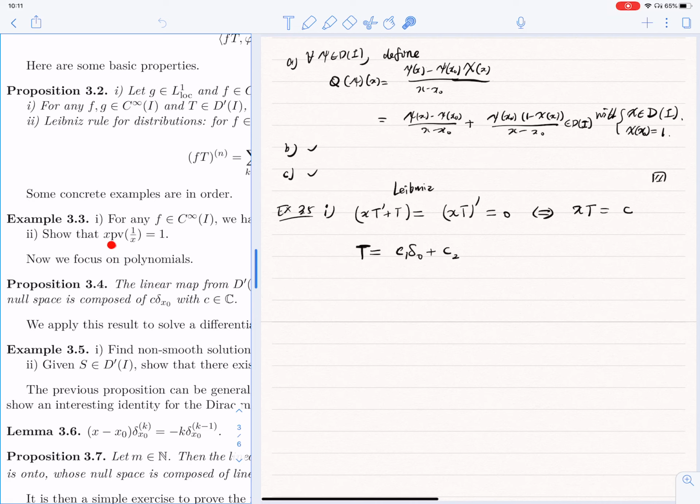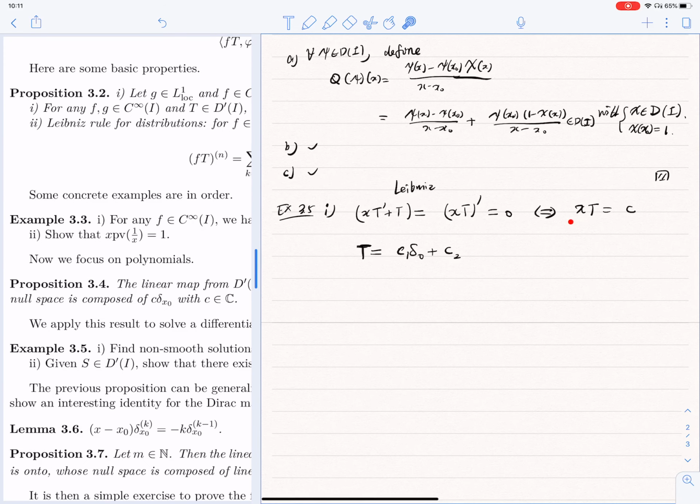Principal value of 1 over x multiplied by x gives us a constant 1, and we are exactly in this form, right? So if we plug in the principal value, we have 1. In other words, a constant times the principal value solves the equation.